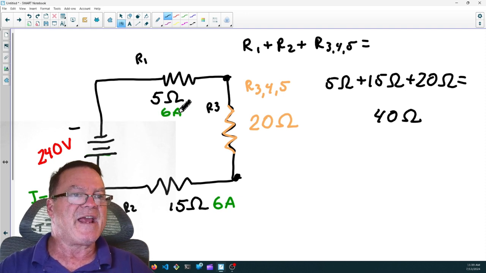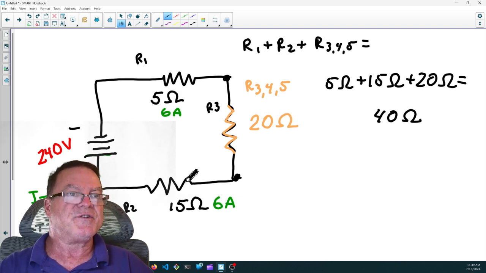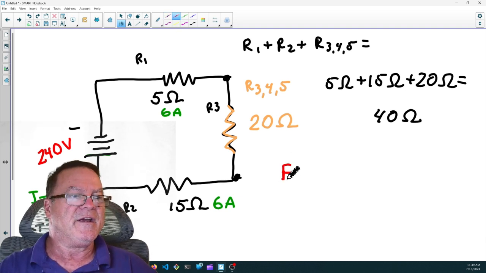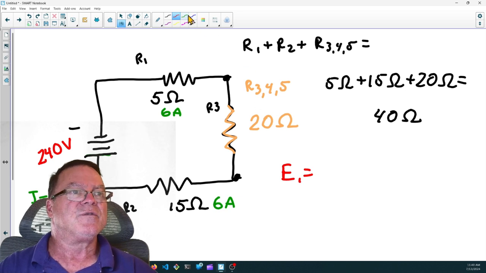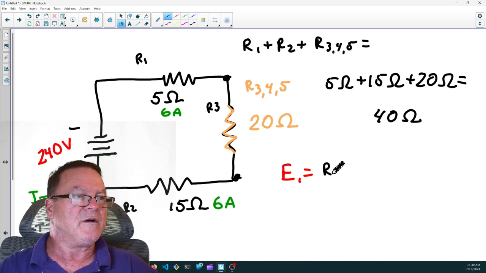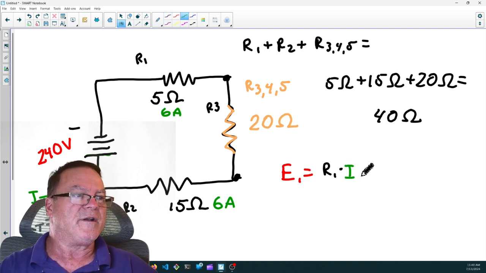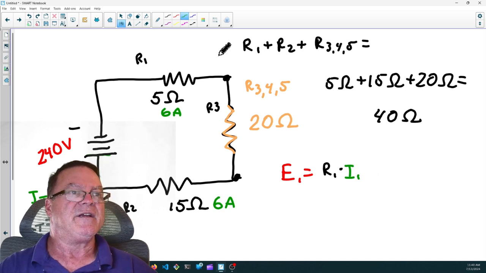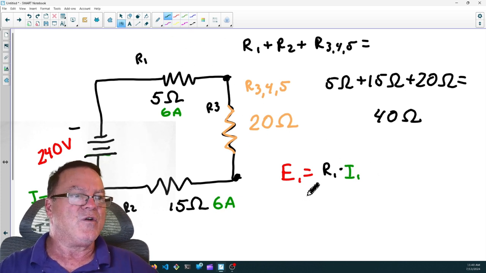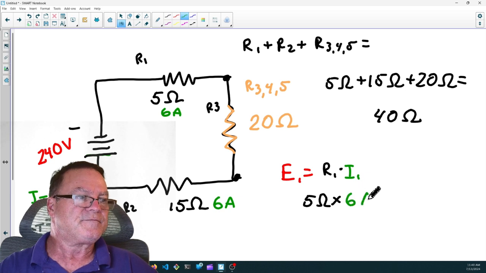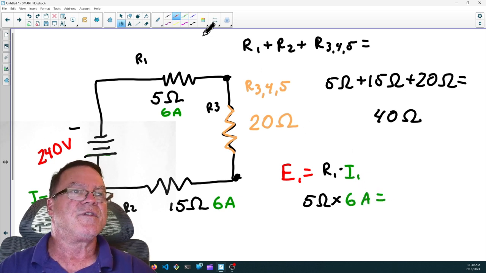Now we have 6 amps flowing through R1 and 6 amps flowing through R2. So we can find our voltage drop by saying E1 equals R1 times I1. And I1 is actually IT. It's 6. So we have 5 ohms times 6 amps, and that equals 30 volts.